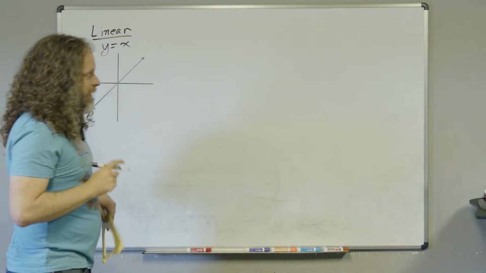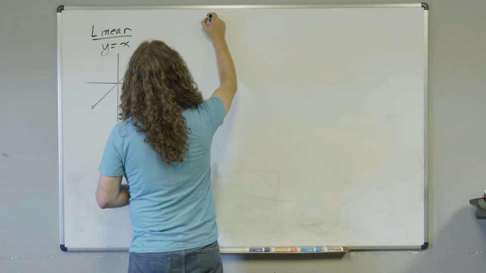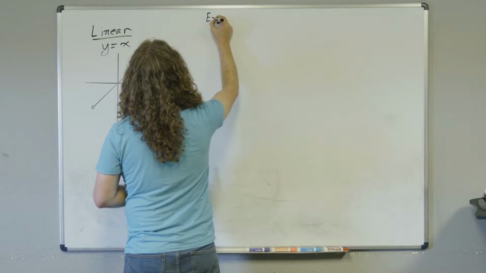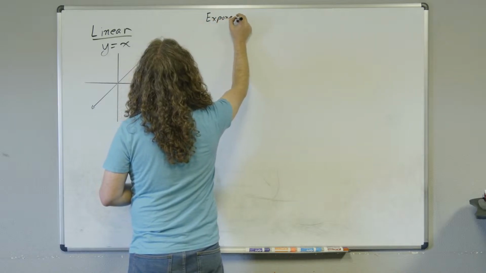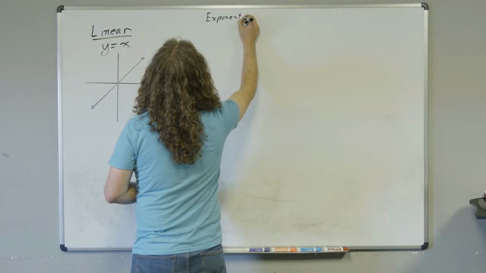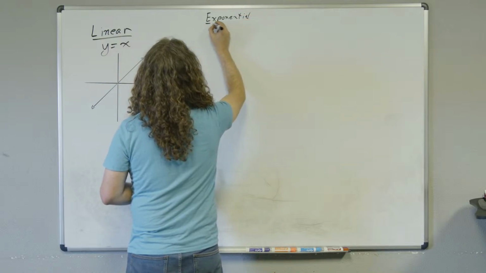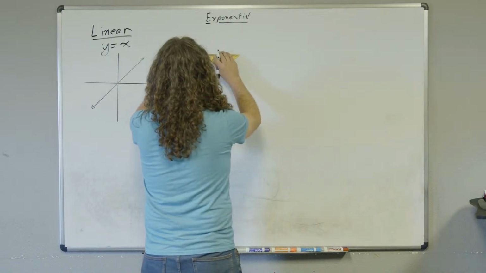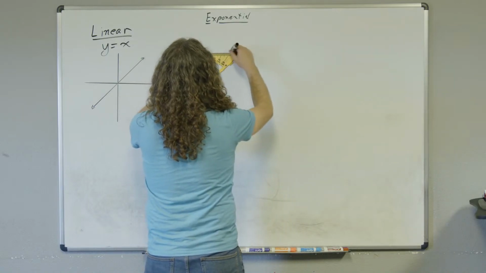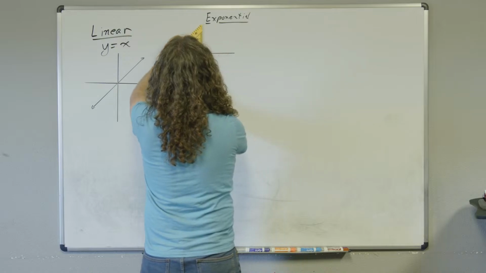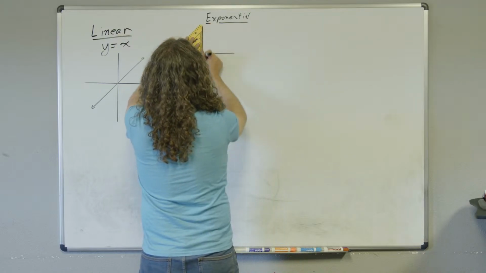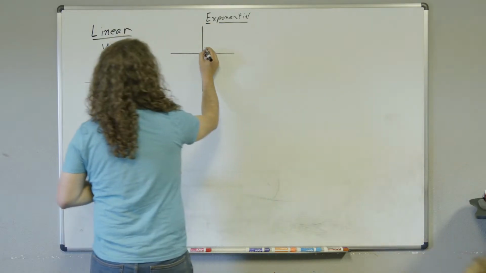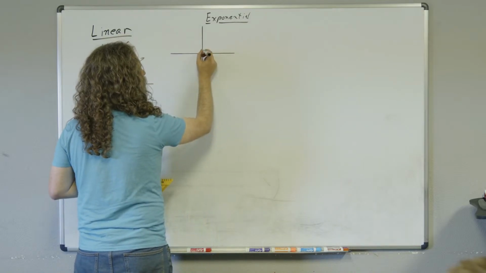We've learned a little bit about exponential parent functions. Right? We learned that exponential functions have two parents. Has exponential growth that looks like this. Both of them cross at 0, 1.